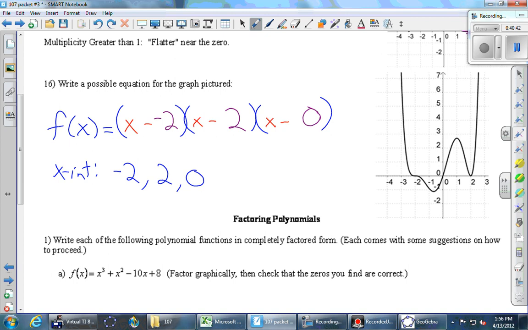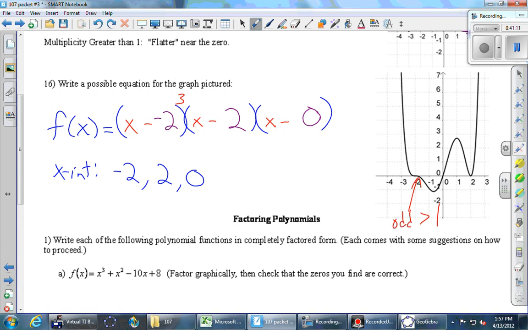What's happening at x equals -2? It's odd, right? You see that it goes through. That makes it odd. You see that it's flat. That makes it not what number? Not 1. You put any odd number, odd and greater than 1, I'll give you full credit for it. You can put a 3, you can put a 5, you can put a 19. Anything odd, bigger than 1.